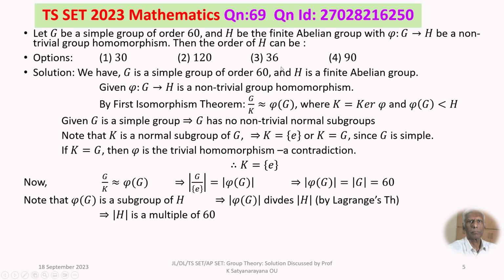The others are not multiples of 60. So therefore, from the given options, the order of H can be 120. So the answer to this question is option 2, that is 120.